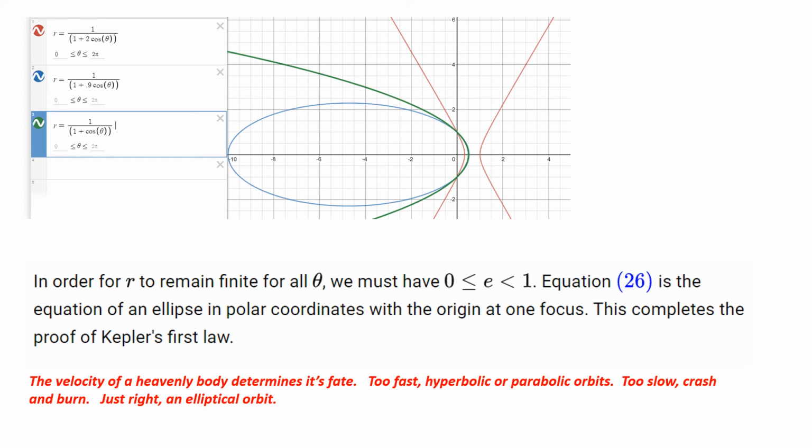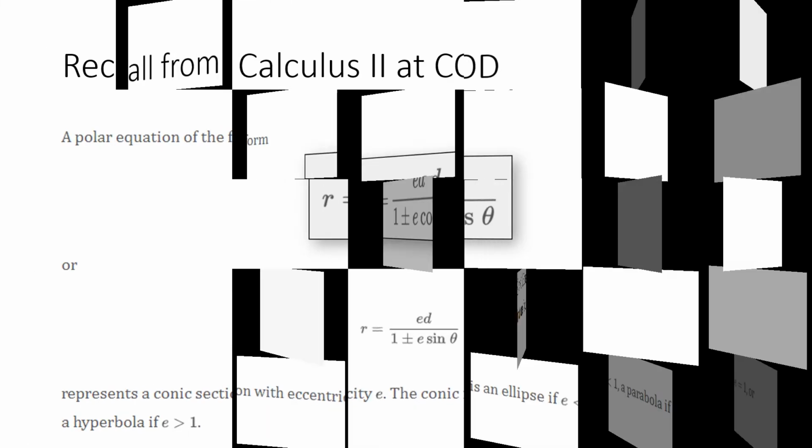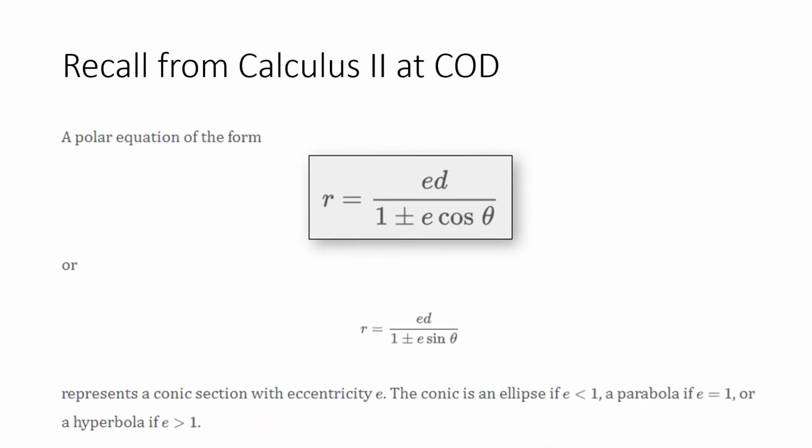But now we said, well, we're finished with the proof. Why is that? Well, I ask you to recall from your Calculus 2 at the College of DuPage that a polar equation of the form R is equal to ED over 1 plus or minus E cosine theta, it could be cosine or sine, we had cosines, I think, represents a conic section with eccentricity E. And this is an ellipse if E is less than 1.